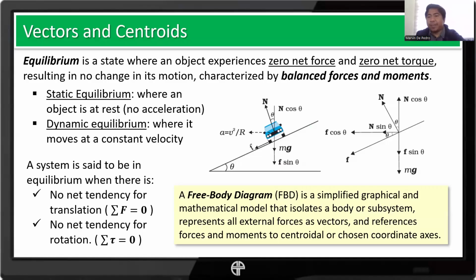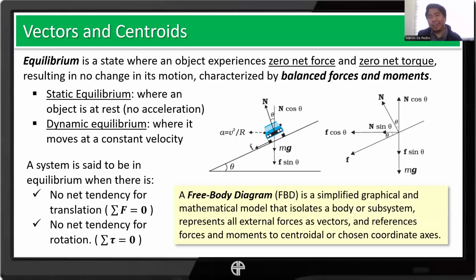It is a simplified graphical and mathematical model that isolates a body or a subsystem, and it represents all external forces as vectors, and references forces and moments to centroidal or chosen coordinate axes. Okay, and that ends our module.